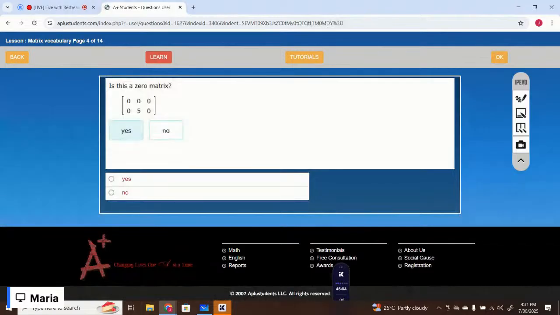Is this a zero matrix? No, that is not a zero matrix because all the elements are not zero. So this is not a zero matrix.